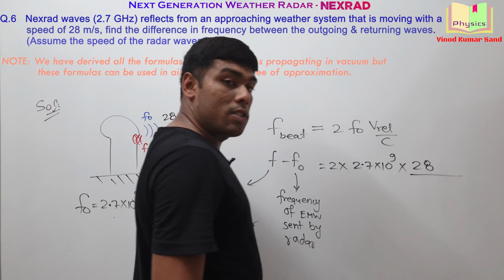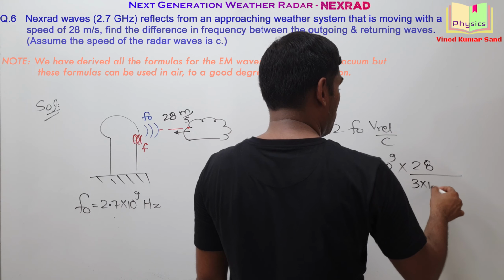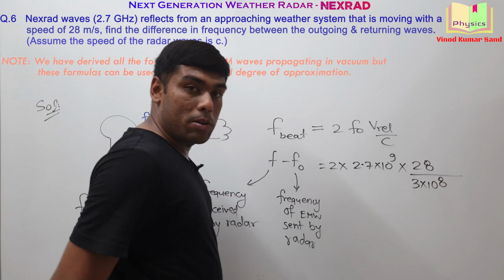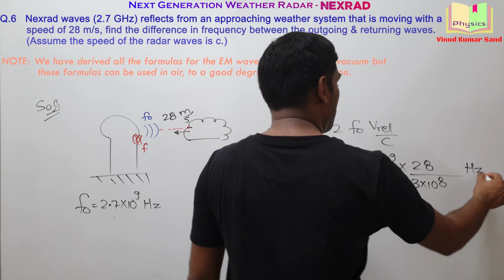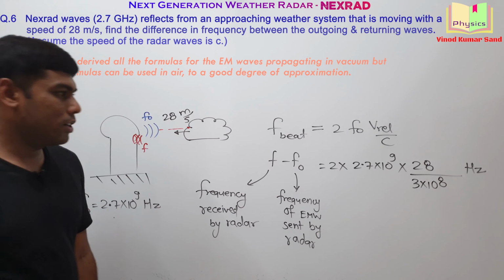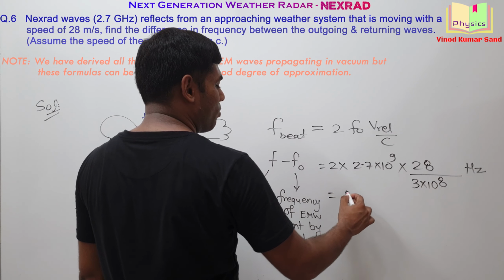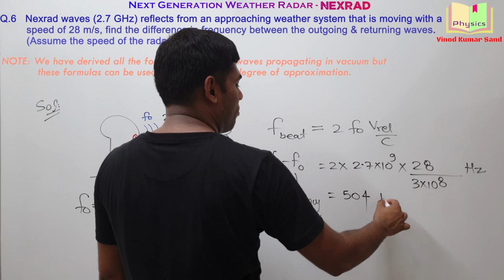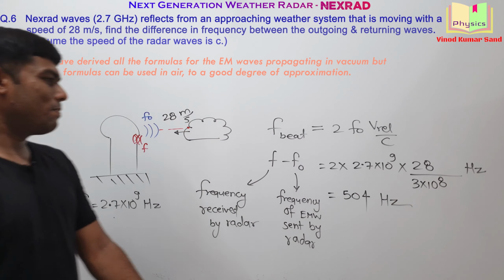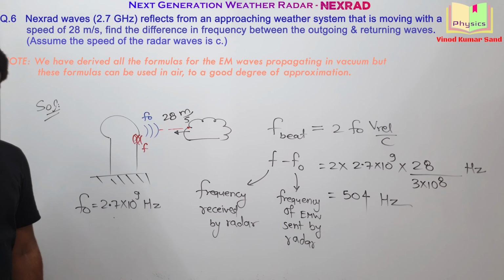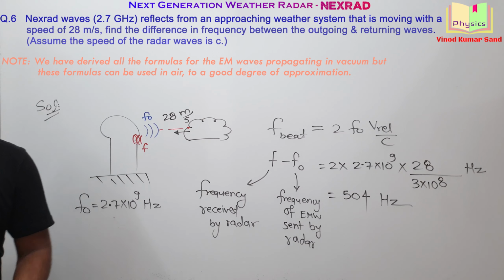So put it here. c is 3 into 10 to power 8 meter per second, and your answer should come out in hertz. Got it? Simple mathematics will give you 504 hertz. Okay, note it down. Then I'll bring a similar question for you.